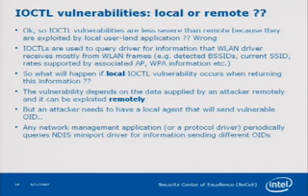Any network management application, for example, the wireless management application that you have on your laptops, or even a protocol driver, periodically queries NDIS miniport drivers for information, sending different OIDs. So basically all supported object identifiers will be requested at some point of time, and some of them, especially those that I described on the previous slide, are requested quite often.